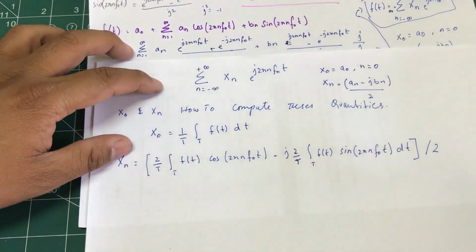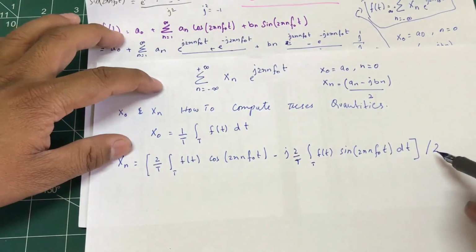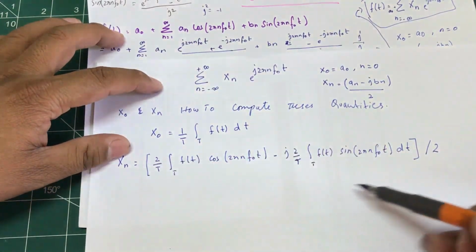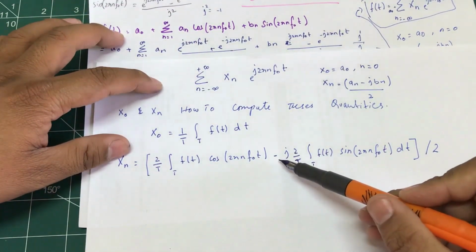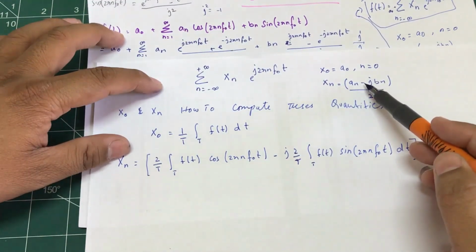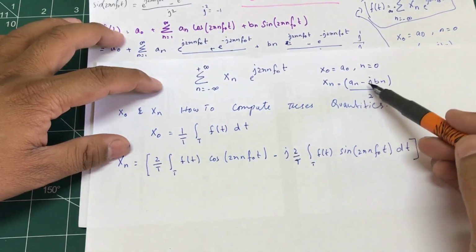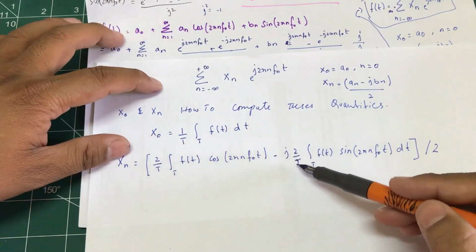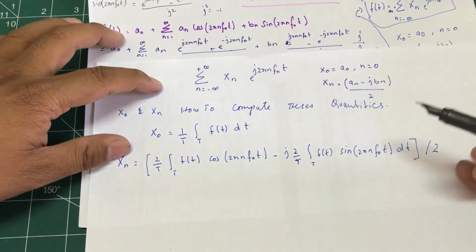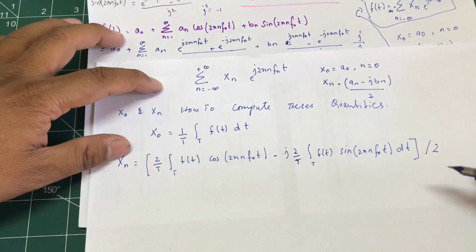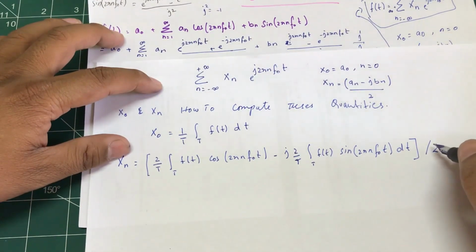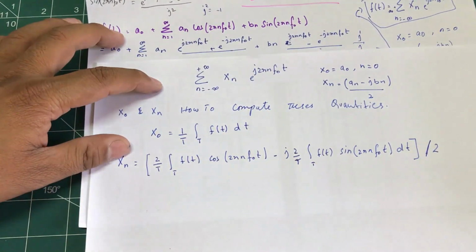I hope you guys are seeing it. That's why the negative j is coming from this. bn is actually 2 over T f of t sine 2 pi n f naught t dt, whole thing divided by 2.